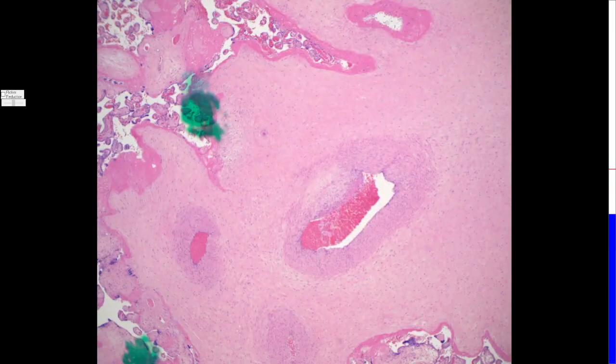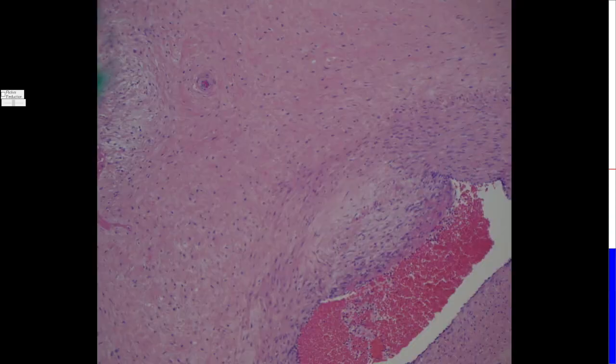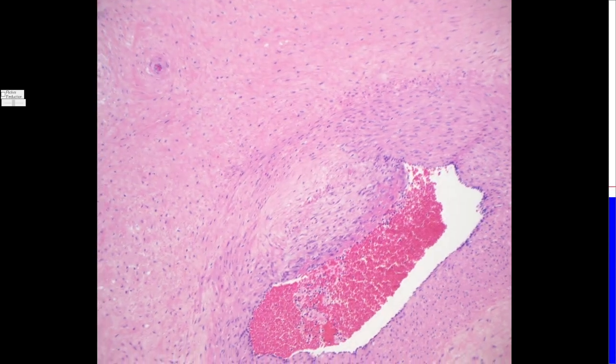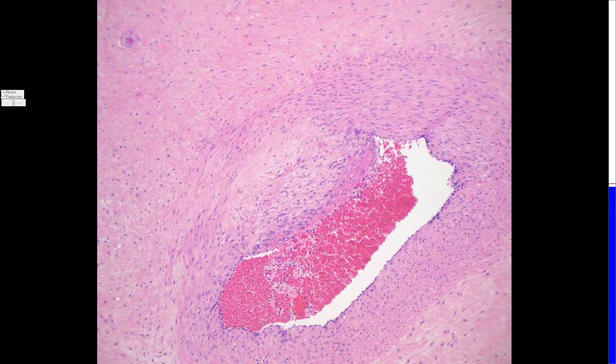So that thrombus eventually gets incorporated into the vessel wall, and that's what we're seeing here. Normally in the placenta there is no fibroblastic layer, no subintimal layer between the endothelium and the muscular layer, but when there is thrombosis, you form this fibroblastic proliferation called fibrointimal cushion that we see here, and then the thrombus gets incorporated.